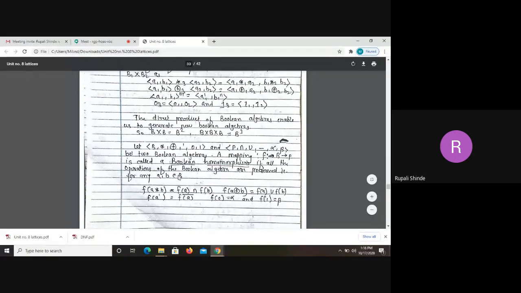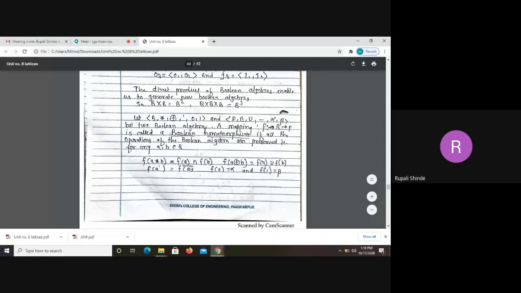That is, for any a, b belonging to B, if you consider any two elements a and b, then f(a * b) equals f(a) intersection f(b), f(a XOR b) equals f(a) union f(b), and f(a complement) equals f(a) bar. Then f(0) equals alpha, and f(1) equals beta. So this is the definition of Boolean homomorphism.